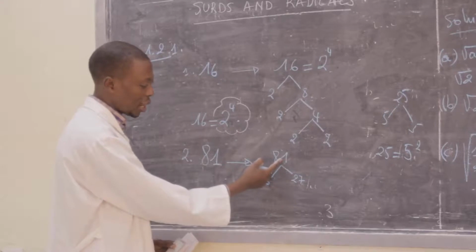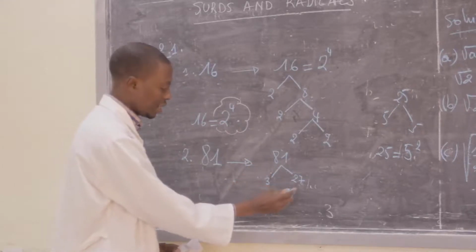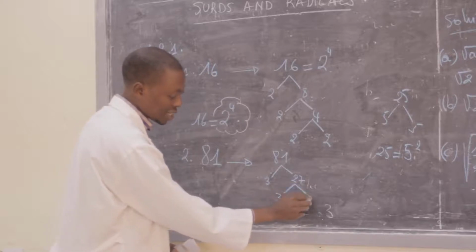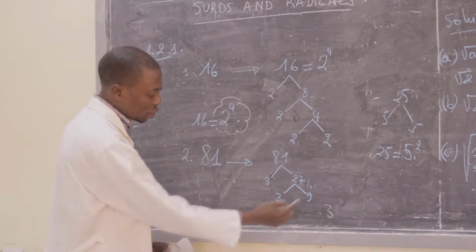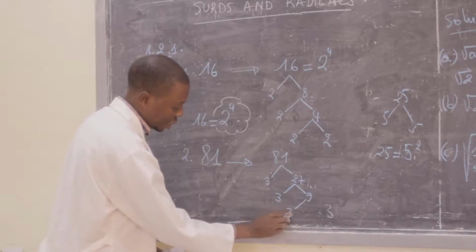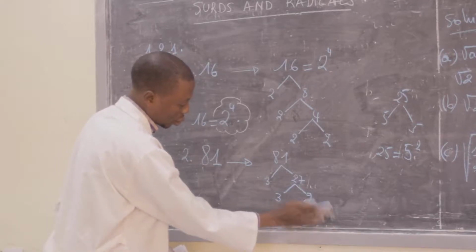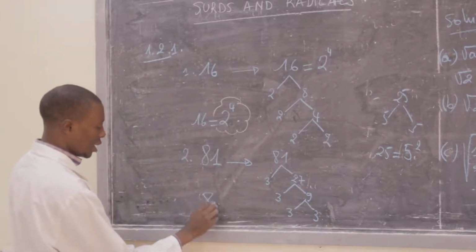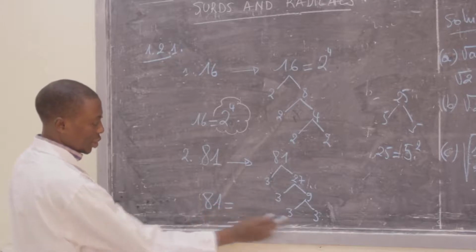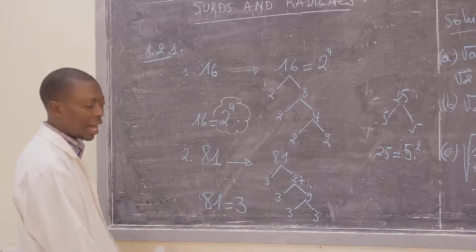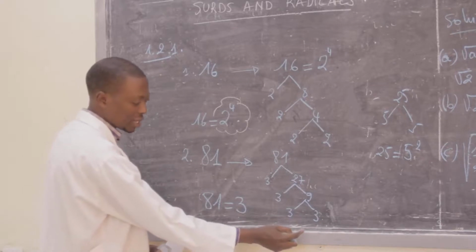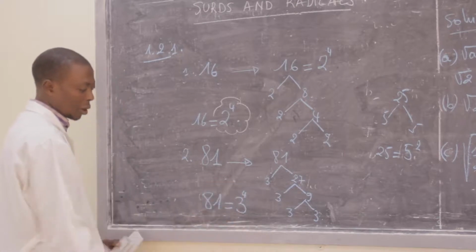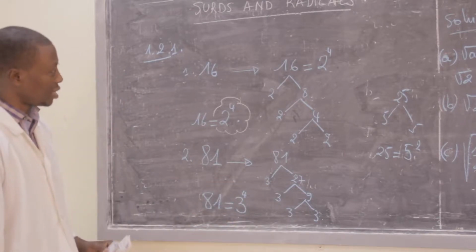It means 81 divided by 3, you get 27. 27 divided by 3, it is possible to get the number 9. And once you divide 9 by another 3, you get 3. So please, we are going to write our 81 as 3, the base, and the index, the number of times we get 3, 1, 2, 3, 4. It means we get 3 to the power 4. Now guys, I hope that this is clear.